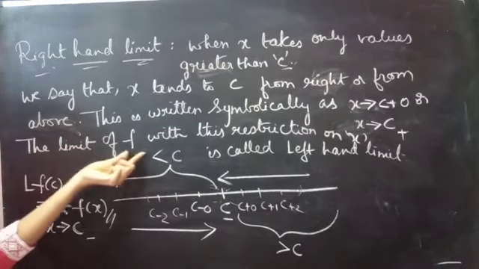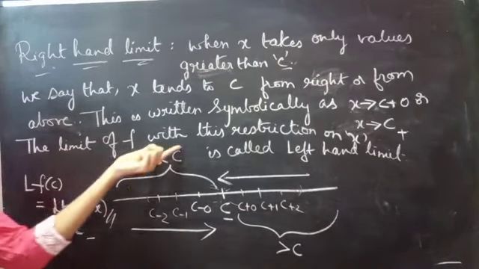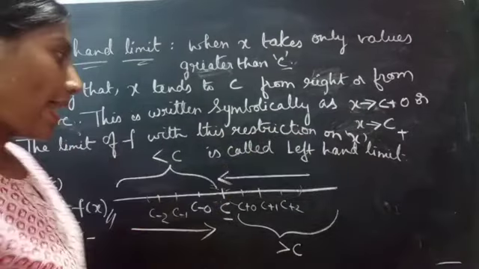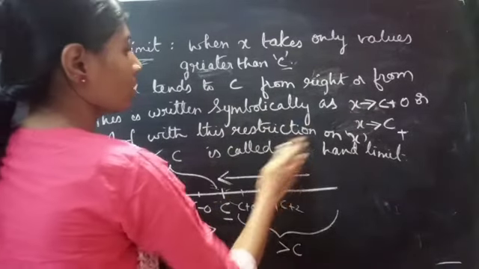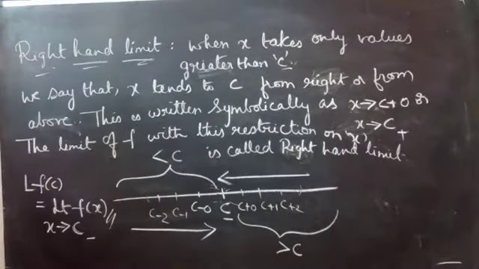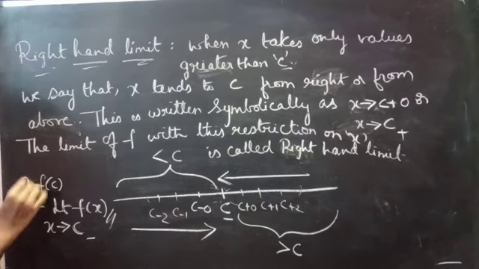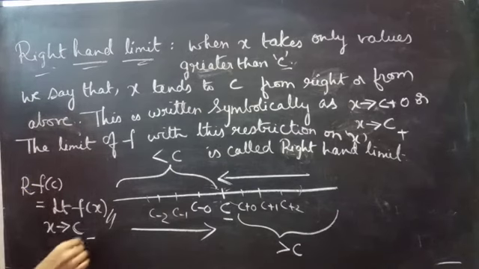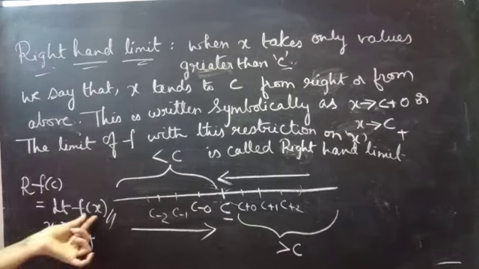The limit of function f with this restriction on x is called right hand limit. That is, capital R f of c is equal to limit as x tends to c plus f of x. So this is your right hand limit.